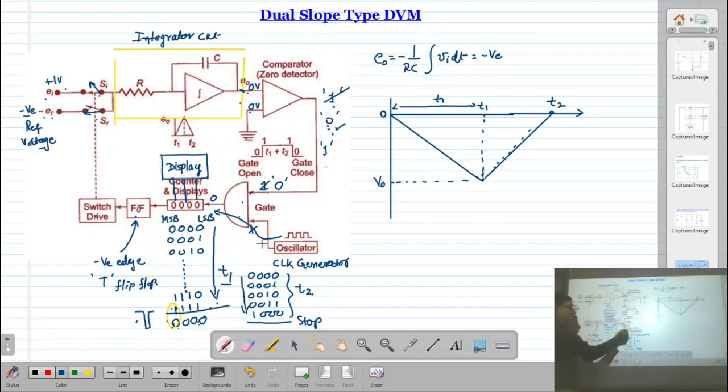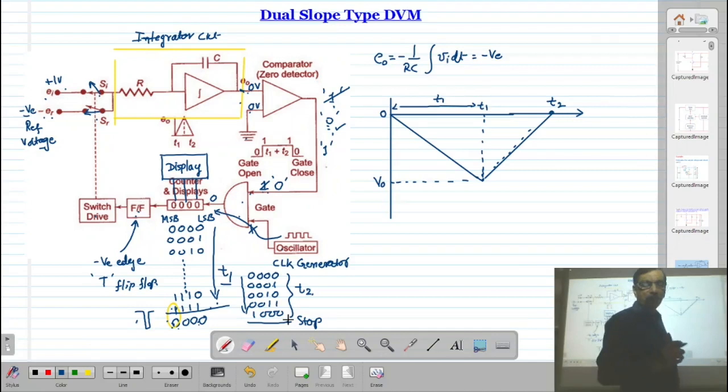So the gate will not allow the clock pulses to pass through this AND gate. So the counter is stopped after the time period of T2. And whatever the final digital signal is, it will be given to the display unit and it will be proportional to your input voltage.